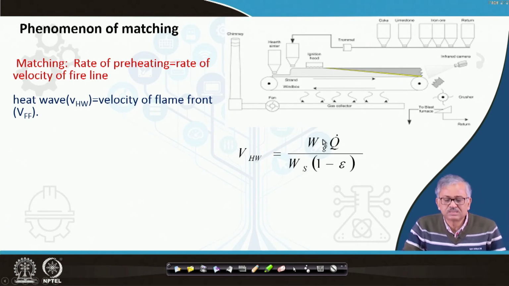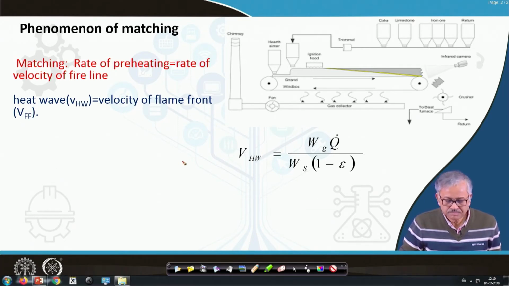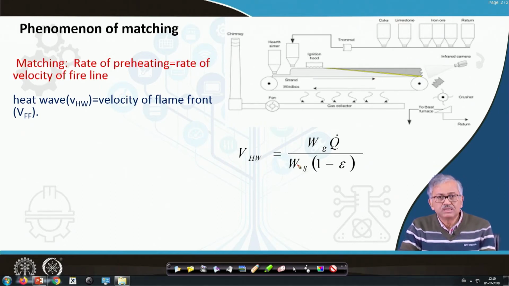Now this is a simple heat balance, and if you do the heat balance, you get this expression. In the denominator there is the heat capacity of the solid, Ws, in kilocalorie per normal meter cube degree centigrade.